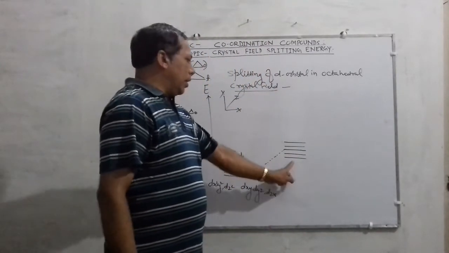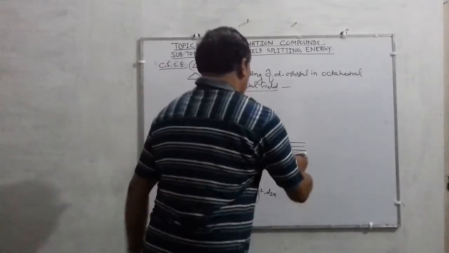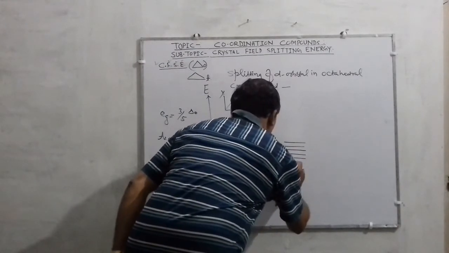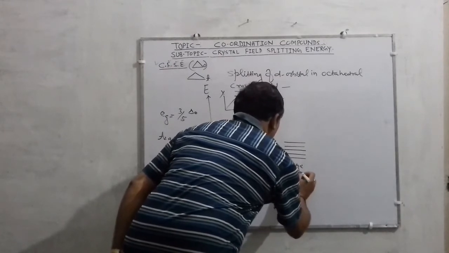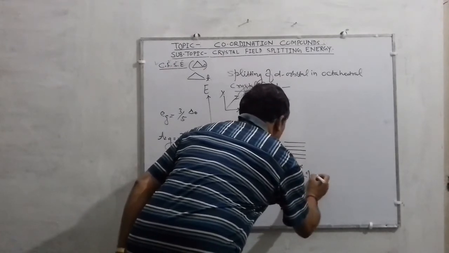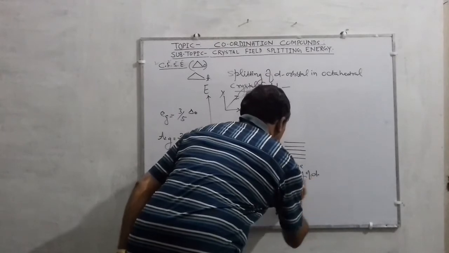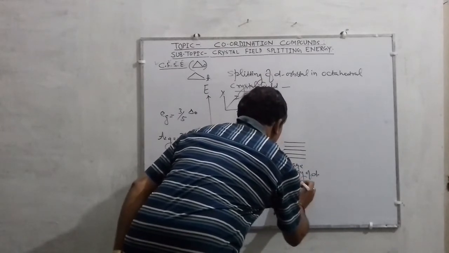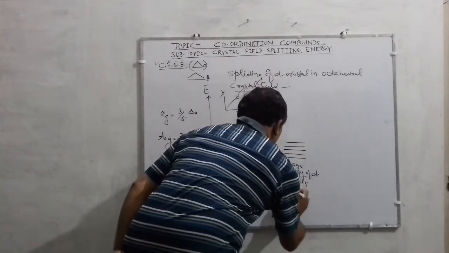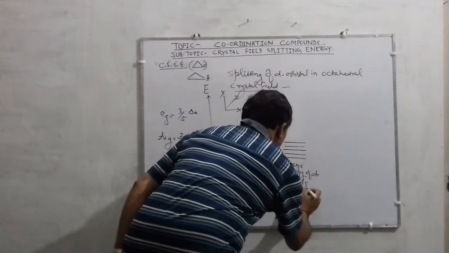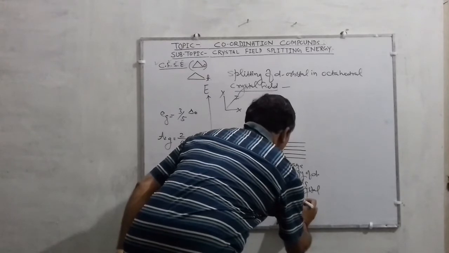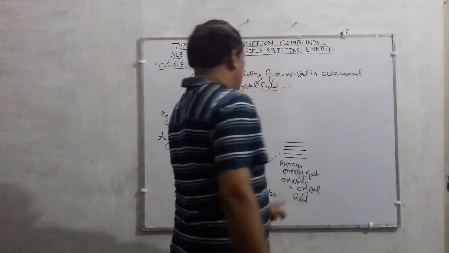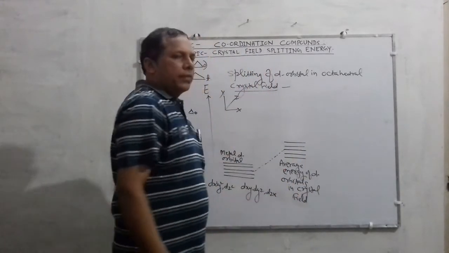This represents the average energy of the d orbitals in the crystal field, in an octahedral crystal field.